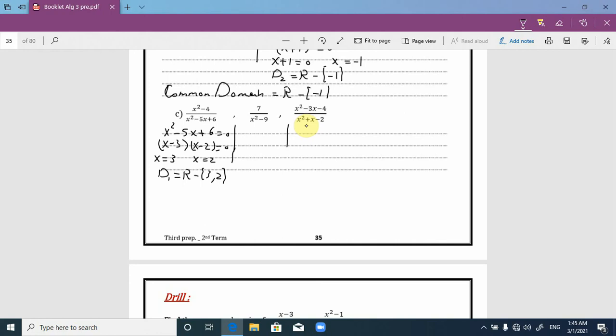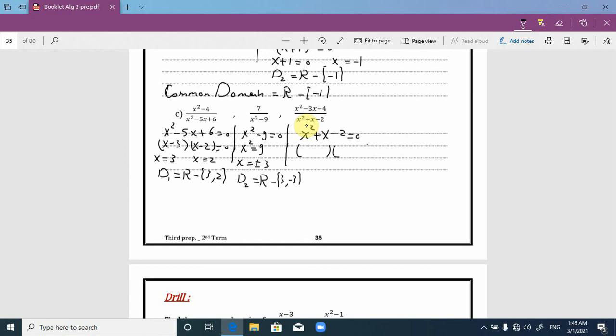The second fraction, put x power 2 minus 9 equals 0. So x power 2 equals 9. So x equals positive or negative 3. So d2 equals R minus {3, negative 3}. The third fraction, x power 2 plus x minus 2 equals 0.